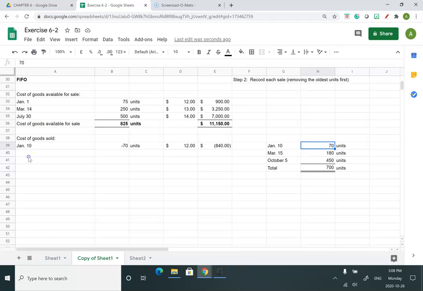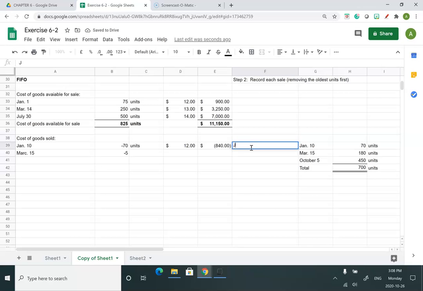Now March 15th, I sell 180 units. If I already sold 70 of the 75, that means the first units are going to be from the January 1st. I'll put this down here to remind myself: units from January 1st. So I'm going to move 5 units, and remember they cost me $12.